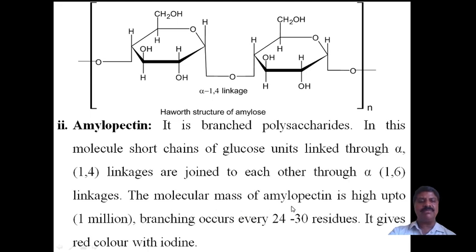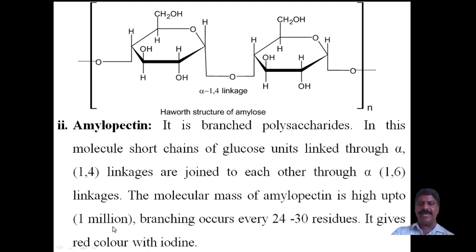The molecular mass of amylopectin is high, up to 1 million, whereas amylose has a few thousand up to 1,50,000.